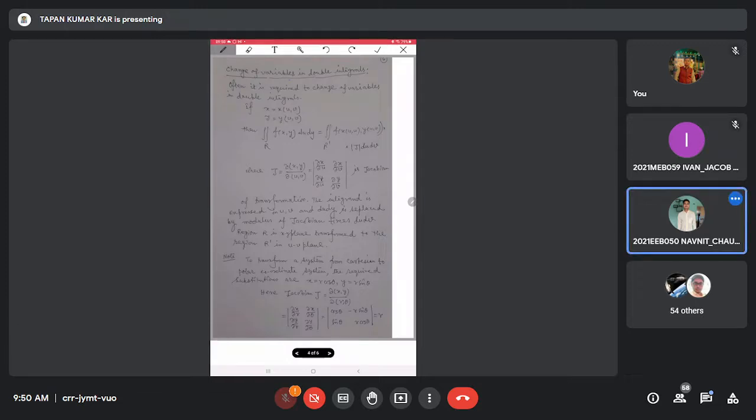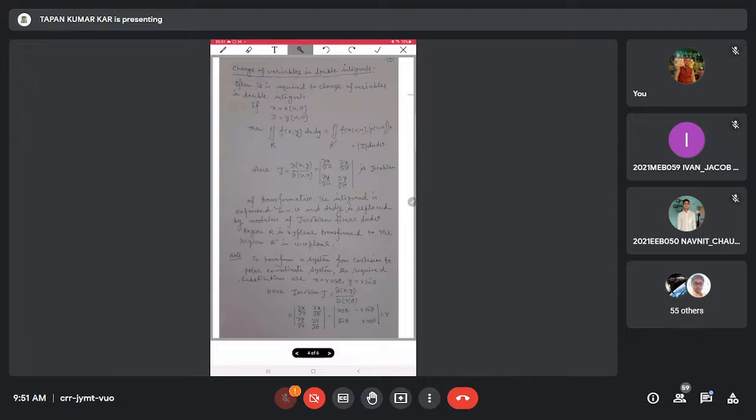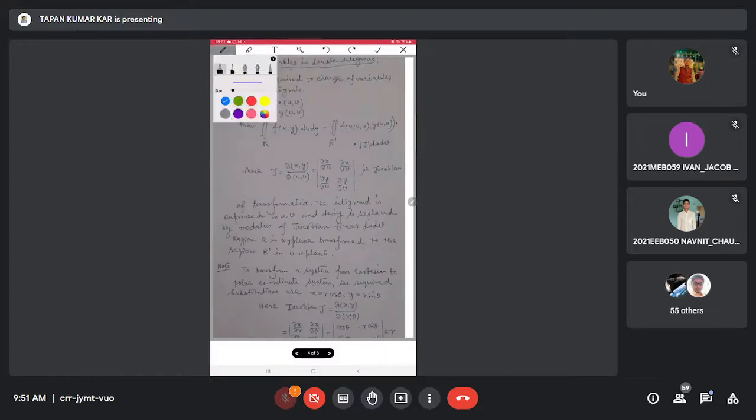Sorry. Now look at this change of variables in double integral. I told you that in the case of a function of a single variable also, sometimes you give a transformation so that your integral would be easier to evaluate.